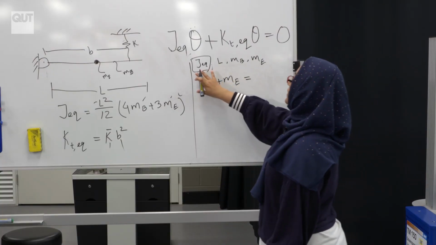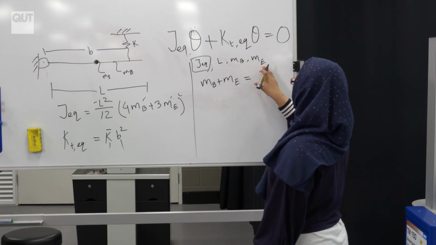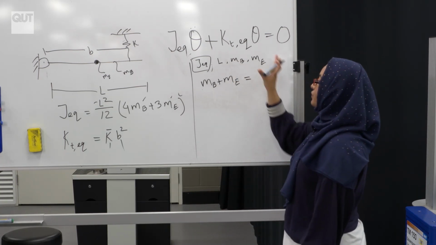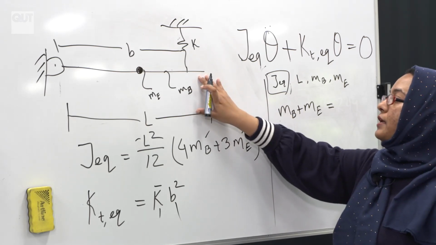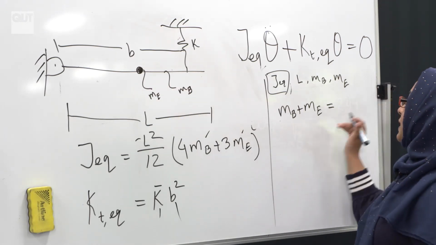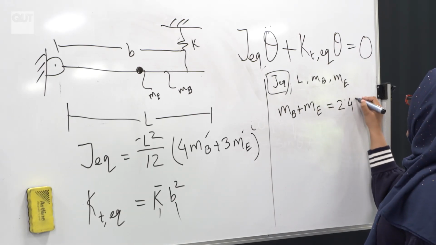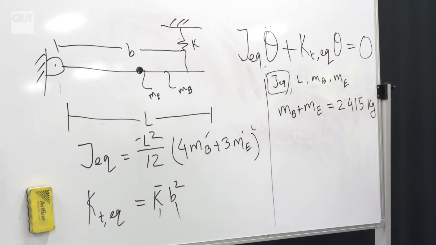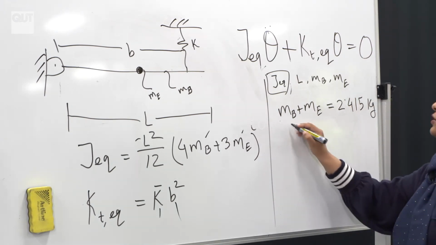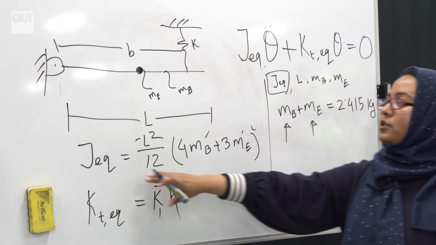So, for finding J equivalent, we need L, MB, ME, and for this system the combined mass of the beam and the exciter unit is given to you as 2.415 kg. All right.